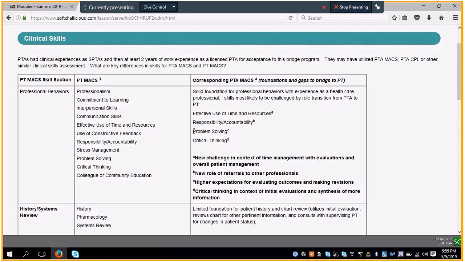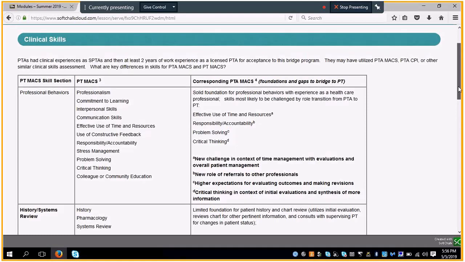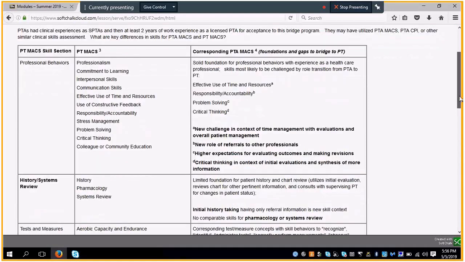And for traditional and bridge students alike, the problem solving and the critical thinking that goes along with those evaluative skills definitely takes time and reflection and preparation for sessions, reflection during and also after patient encounters to continue to improve your skill in those areas. And that's normal, and that's expected.